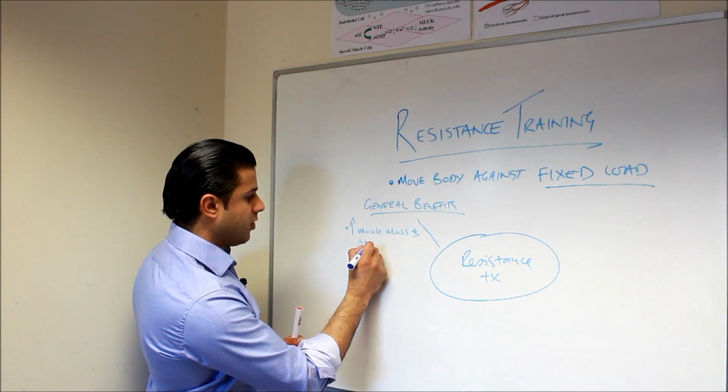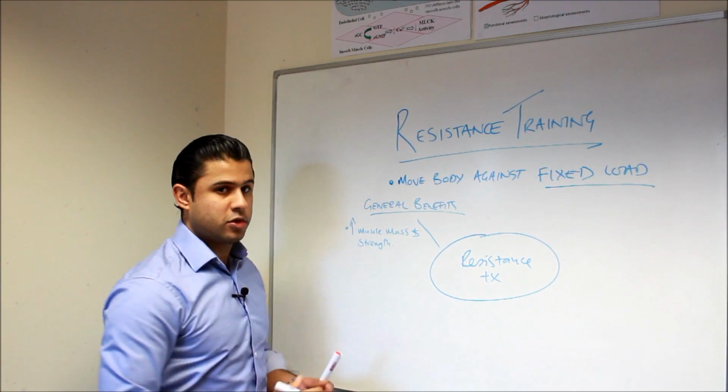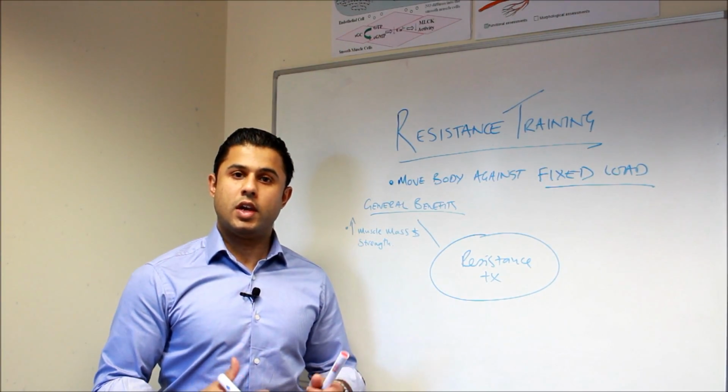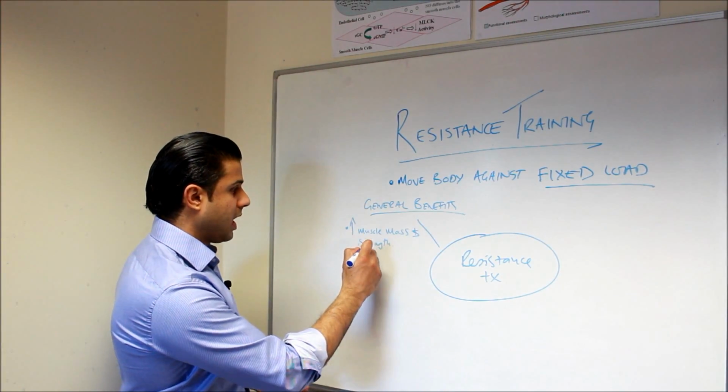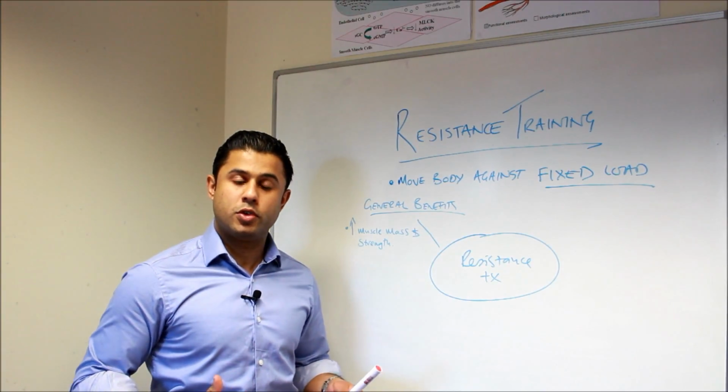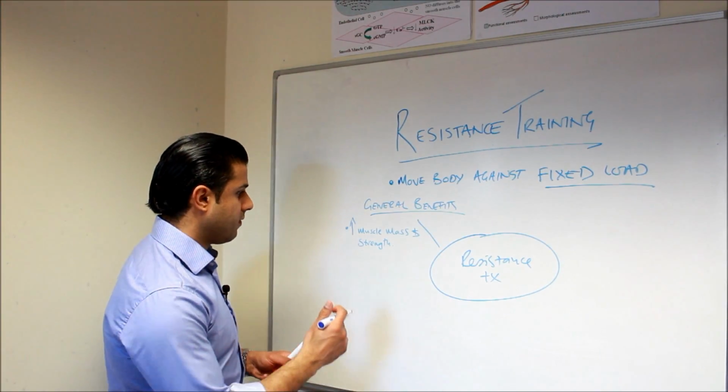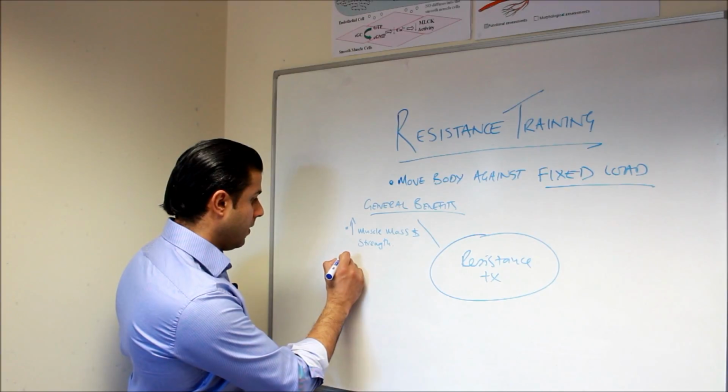So we have an increase in our muscle mass because we have hypertrophy of our muscle fibers, and I'll talk more about that in a subsequent video, but we get an increase in muscle mass and then we're able to produce more force. So we have stronger muscles.